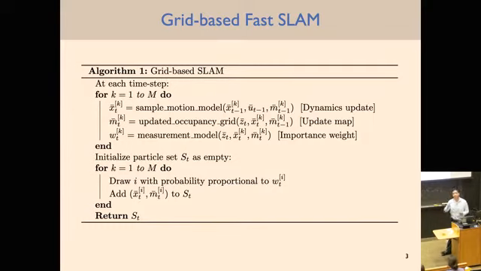You commit to that particular hypothesis and plan some path using all the techniques we discussed, like breadth first search, A star, Dijkstra, or other algorithms, given that specific hypothesis for the location in the map. So that's reasonable.